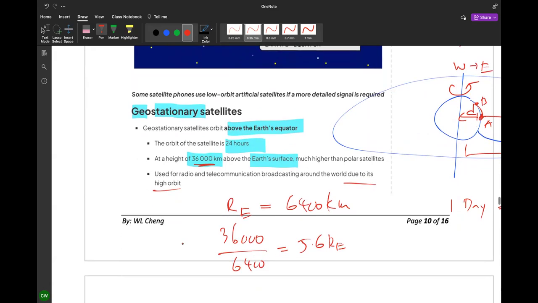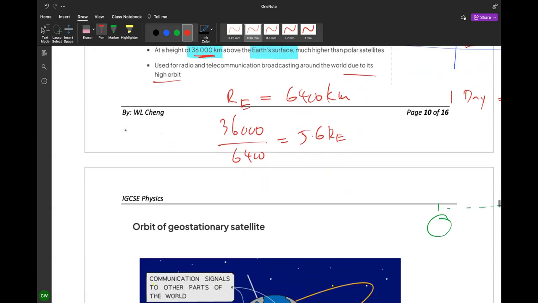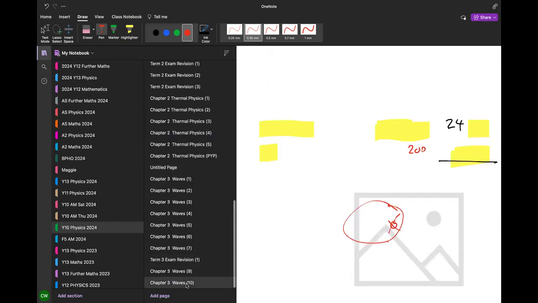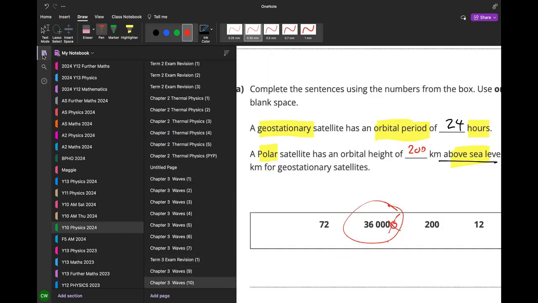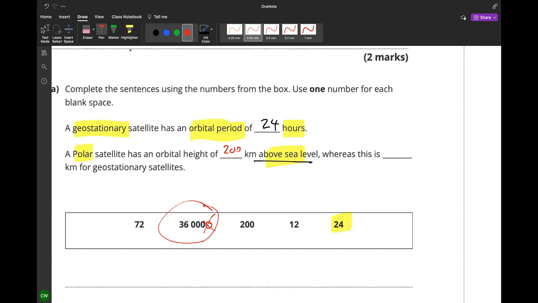Just a while. Or 36,004 is the answer. Yeah, correct. 36,000. Because confused with the radius of the Earth. Okay, this is correct. 316, 36,000. So can you remember these two values? Okay, these two.